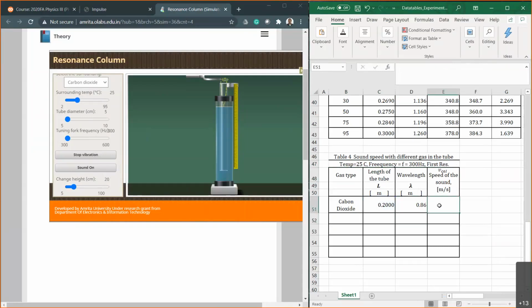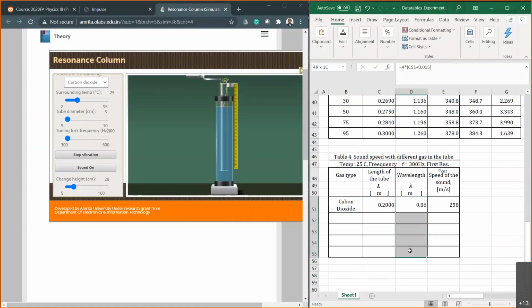And let's calculate the sound expected and the sound calculated. Frequency is 300 times the wavelength 0.86. So now it's a very different value, but we can't compare that number to anything because the medium is completely different, right? If you want to do that, we have to have other information like the bulk modulus or the density of that medium, and so on, okay?